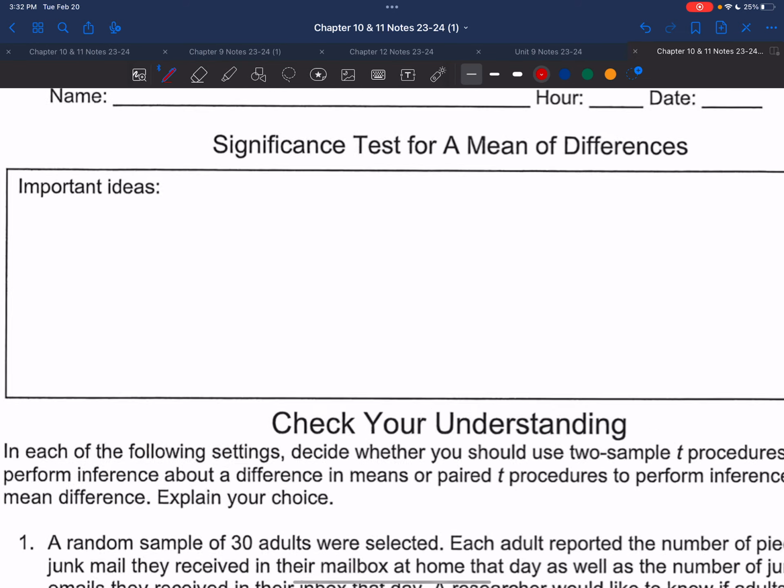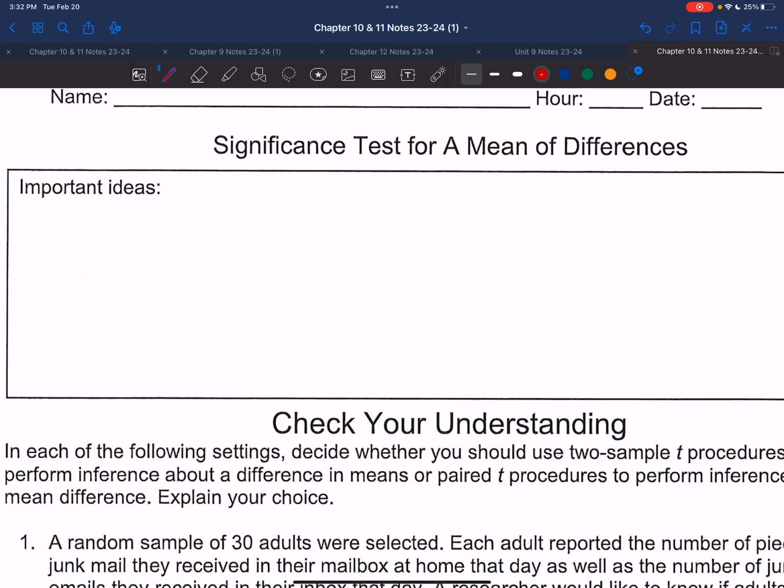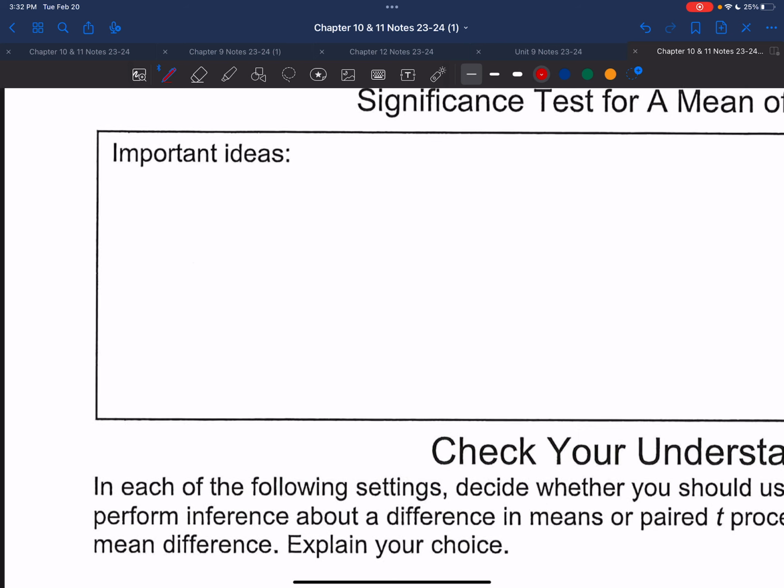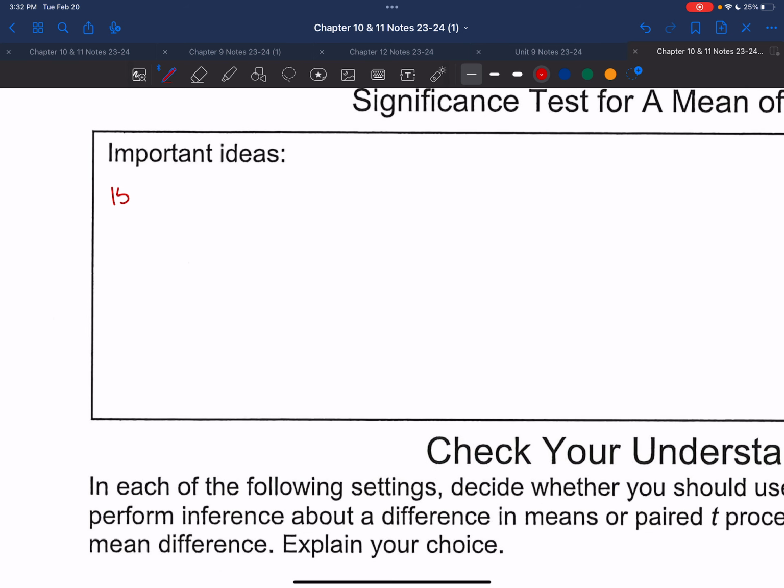All right, so important ideas, okay? So number 15, bullet point. It's the significance test for a mu sub diff.